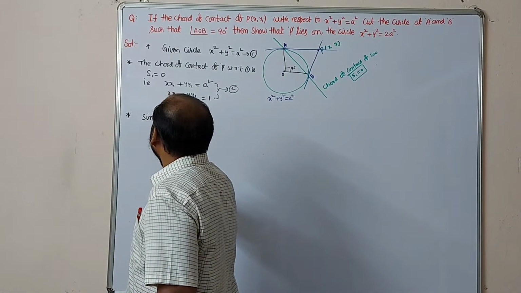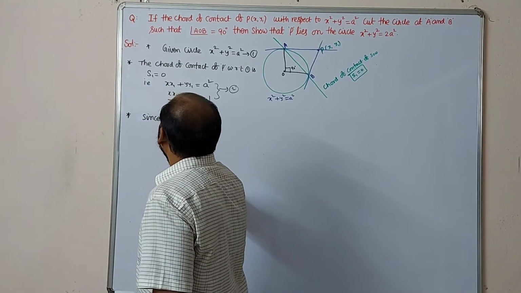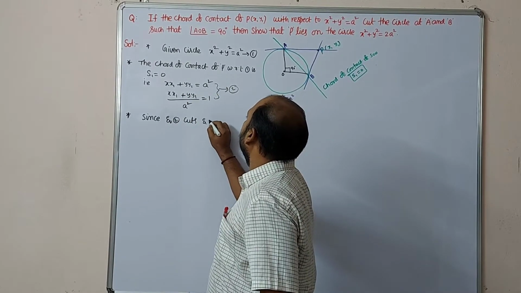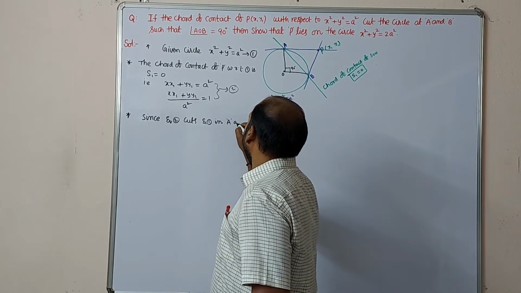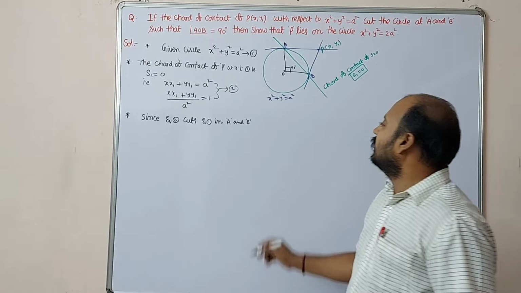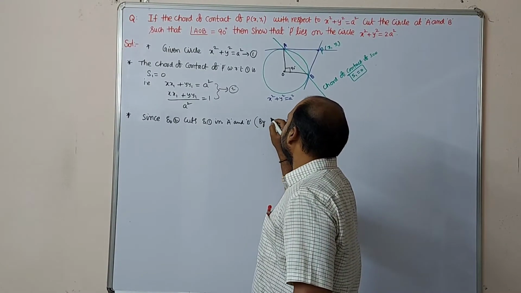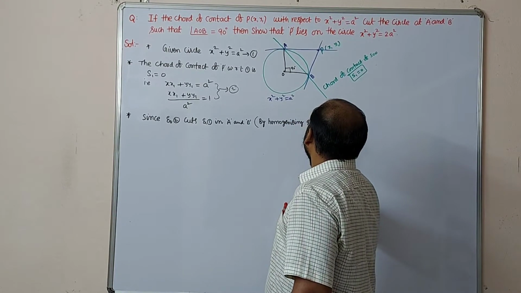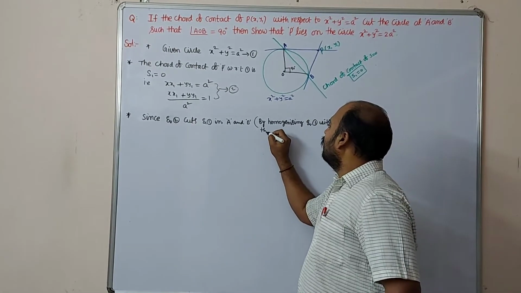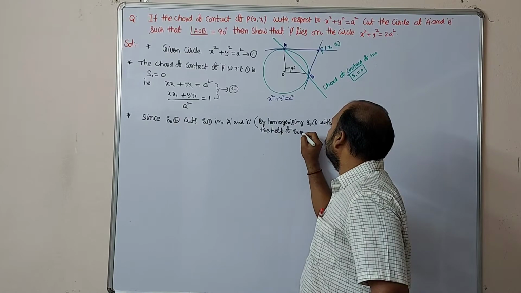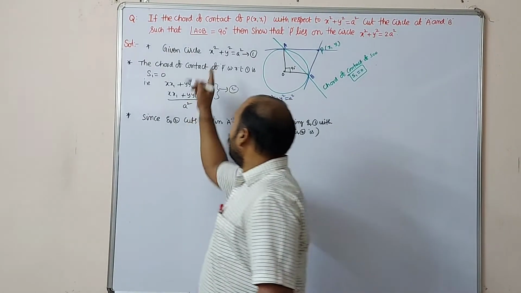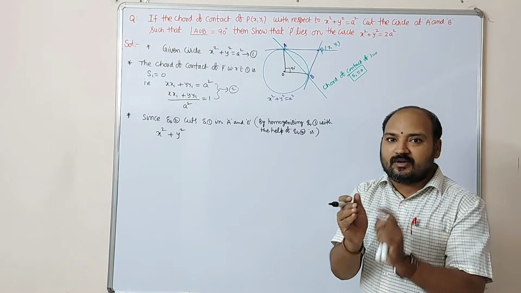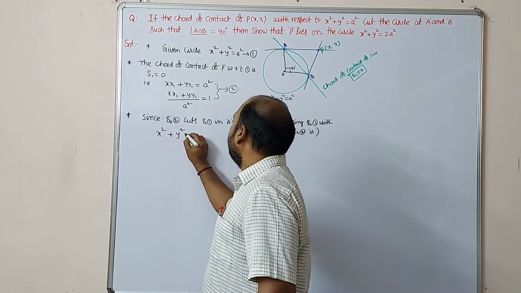Since equation 2 cuts equation 1 in A and B, homogenizing equation 1 with the help of equation 2: x square plus y square, wherever the x term is there, into 1, the y term is there, into 1, and the constant is there, into 1 square, is equal to a square.